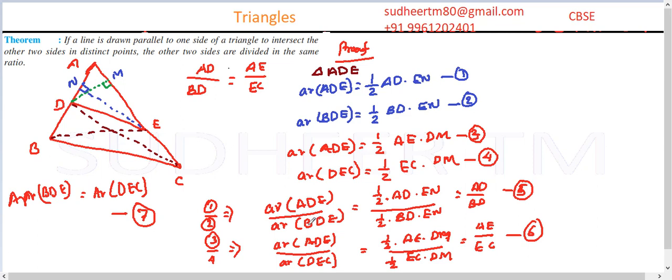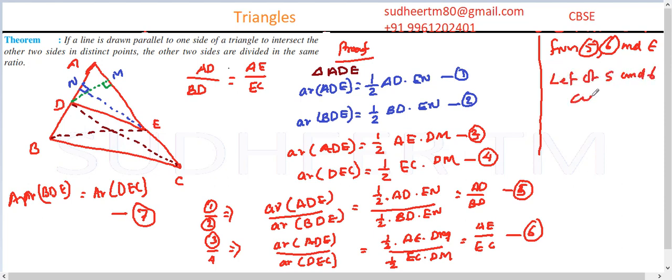Okay, so what we can say here, either BDE you can replace with DEC or DEC you can replace with BDE, so that the left sides of equations 5 and 6 represent the same quantity. Understood? So from 5, 6 and 7, what we can write here, the left sides of 5 and 6 are the same.